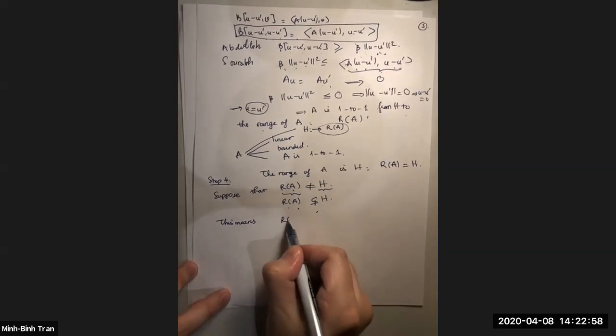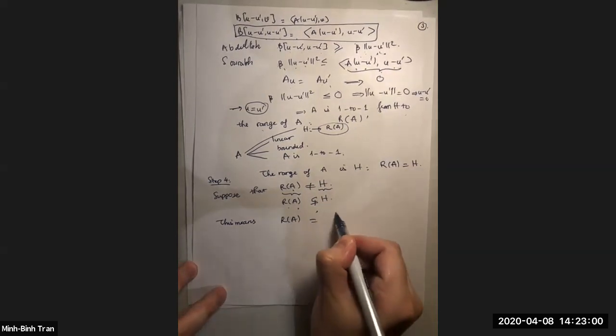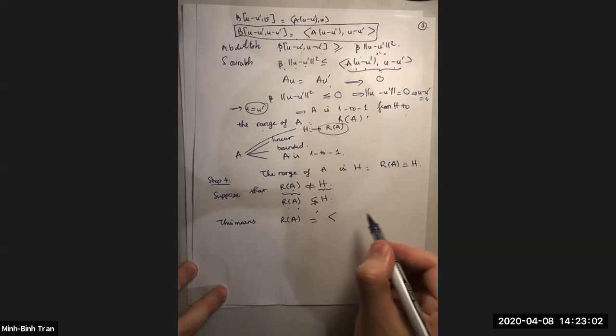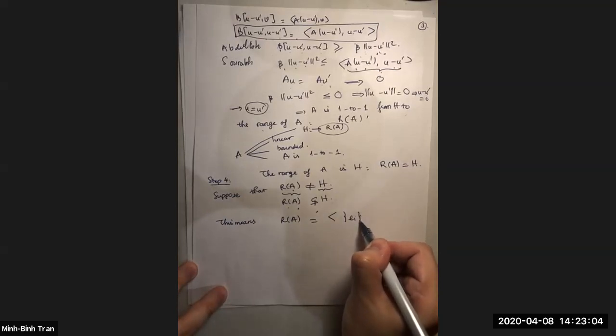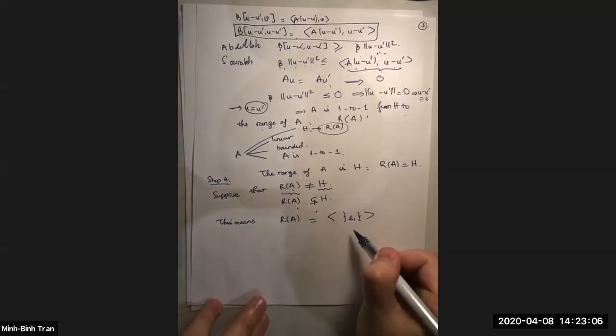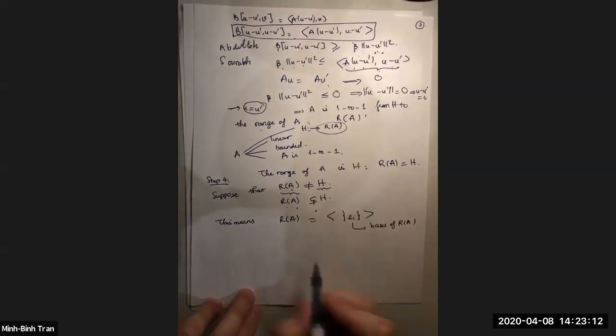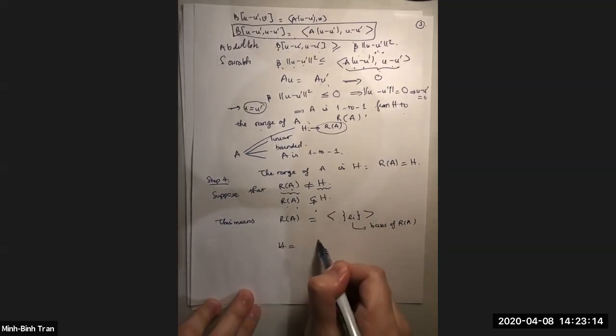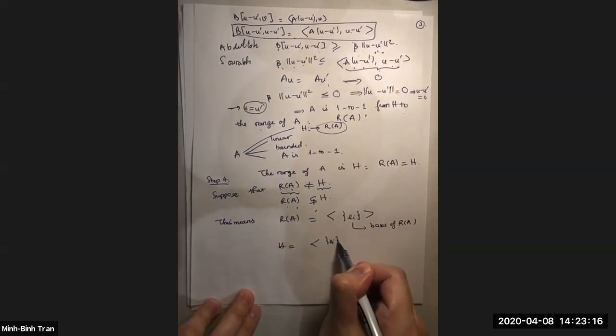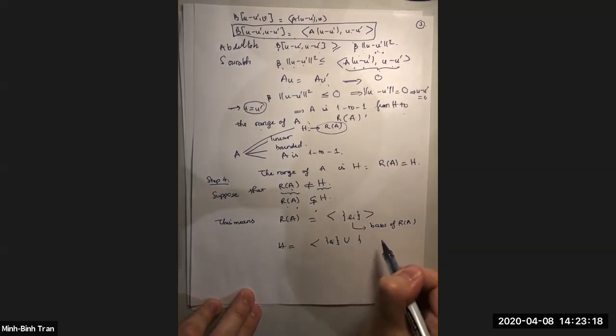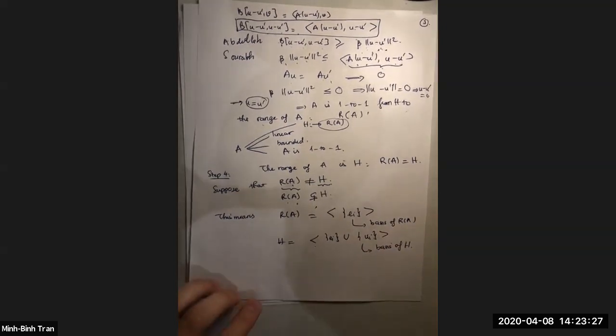right, so RA will be created by a basis EI. I mean, this is the basis of I, and then H will be the basis of H, right?